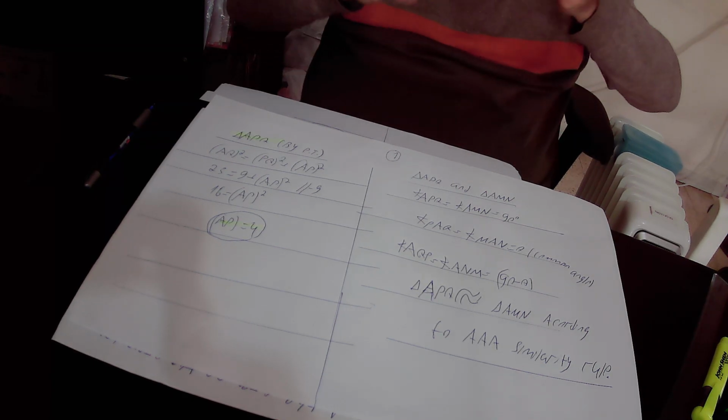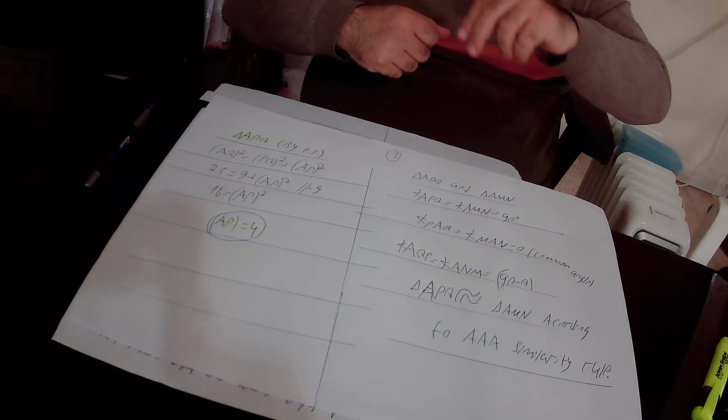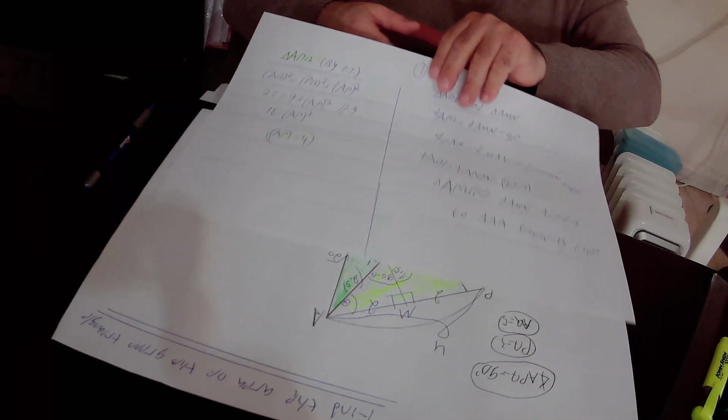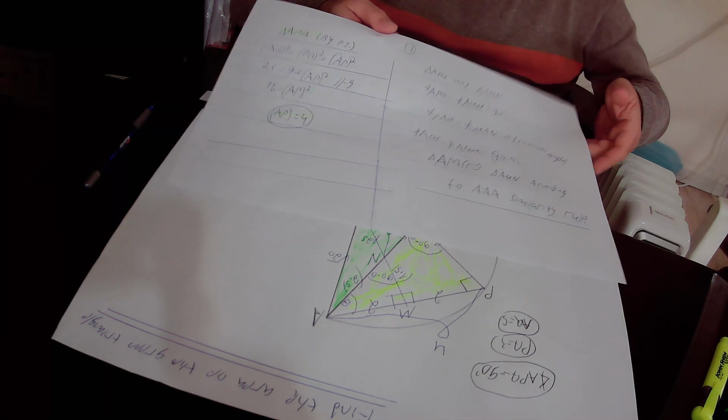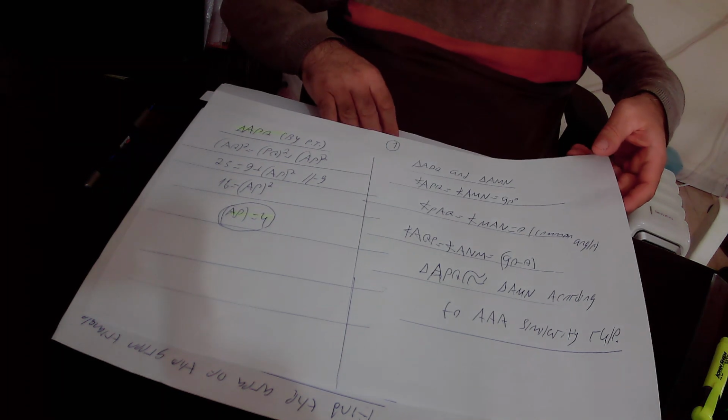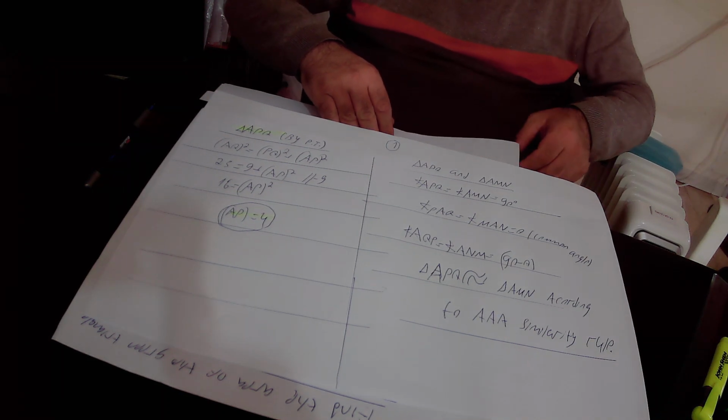From the fact that the two right triangles are similar to each other, we will derive that the following relationship exists between their sides.